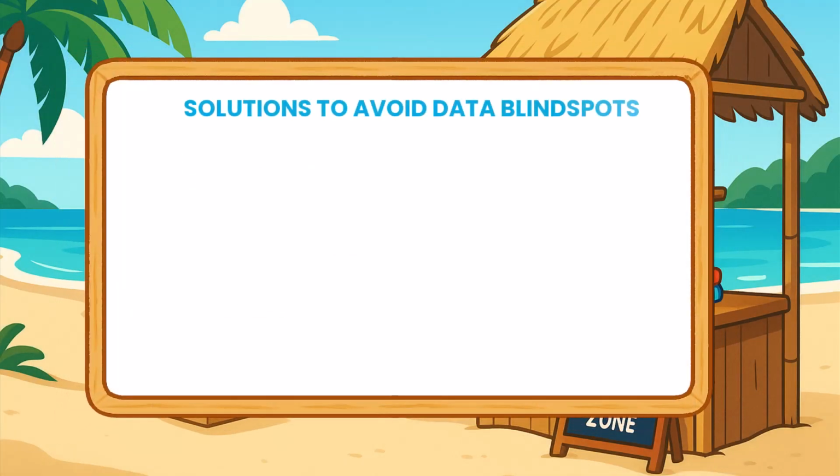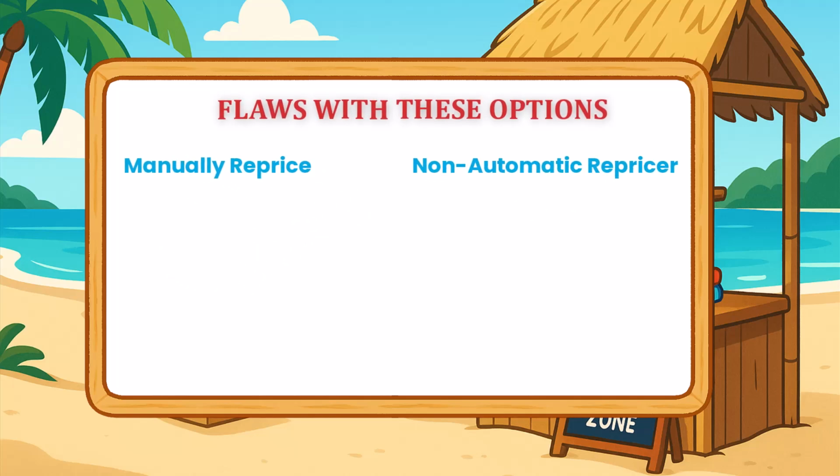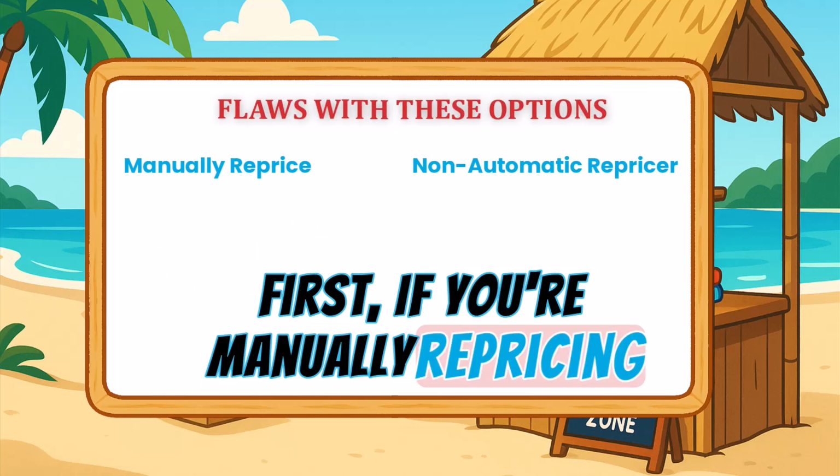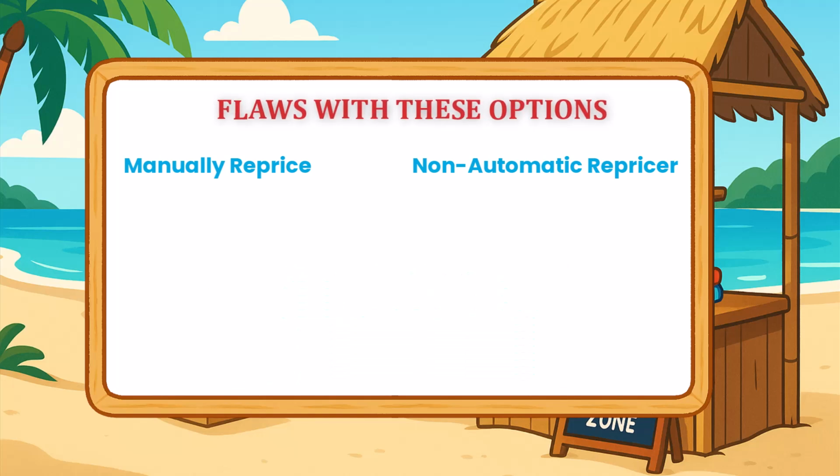Okay, now let's talk about the solutions to avoid the data blind spot issue altogether. First, you can manually reprice, and second, you can use a non-automatic repricer. There are a few flaws with each of these. First, if you're manually repricing, you are not going to be able to automatically reprice your inventory.